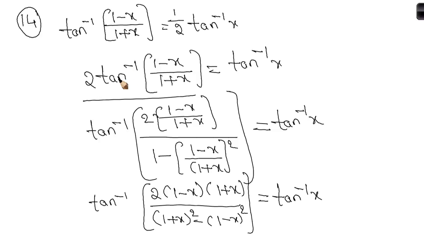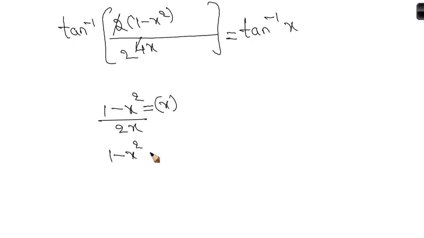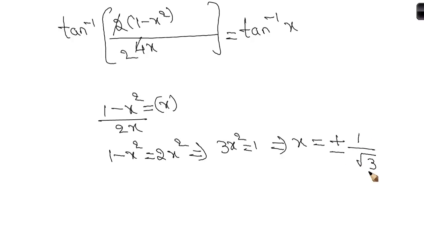So if I equate both sides, this goes 2 times. So 1 minus x square is equal to x times 2x. 1 minus x square by 2x is x. So 1 minus x square is 2x square. It implies 3x square is equal to 1. It implies x is equal to plus or minus 1 upon root 3. This should be the answer.